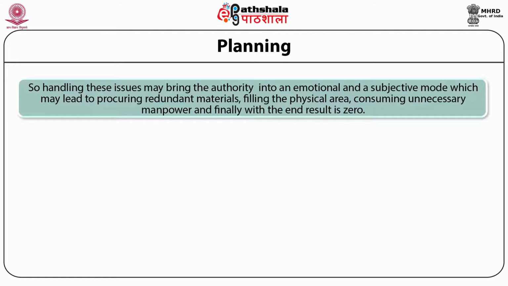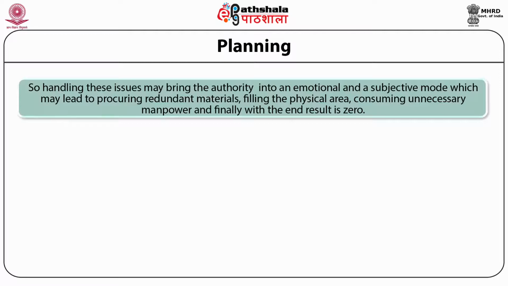Sometimes budget is spent in a subjective mode. Maybe the librarian is biased, maybe a teacher is doing good work in the university and may say, please go for this journal. And so suppose we buy those books or journals, where to keep all those? So that's why, the end result is zero.